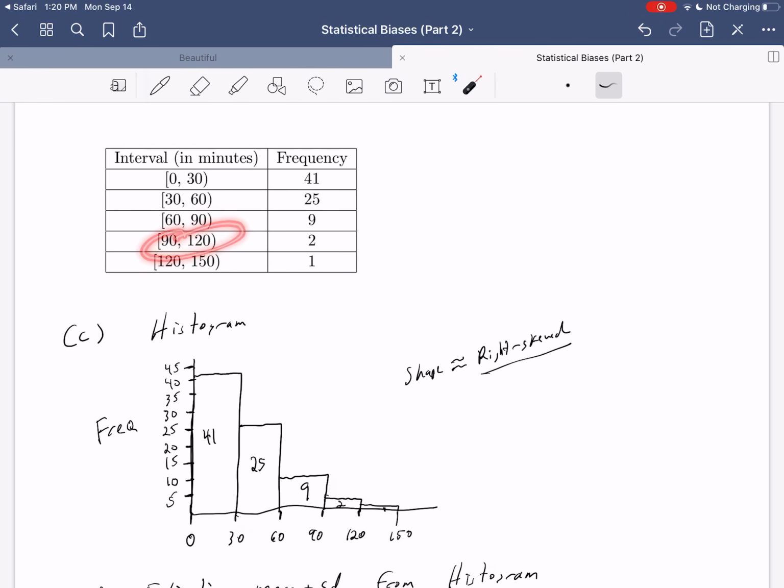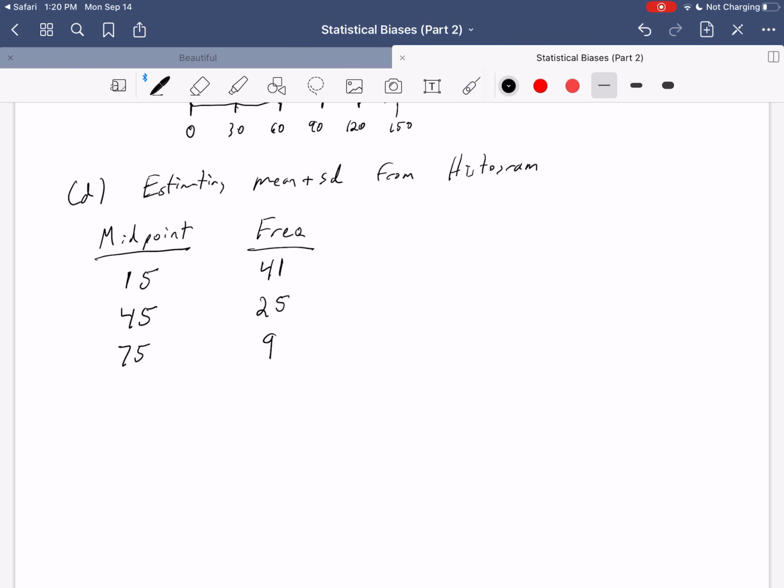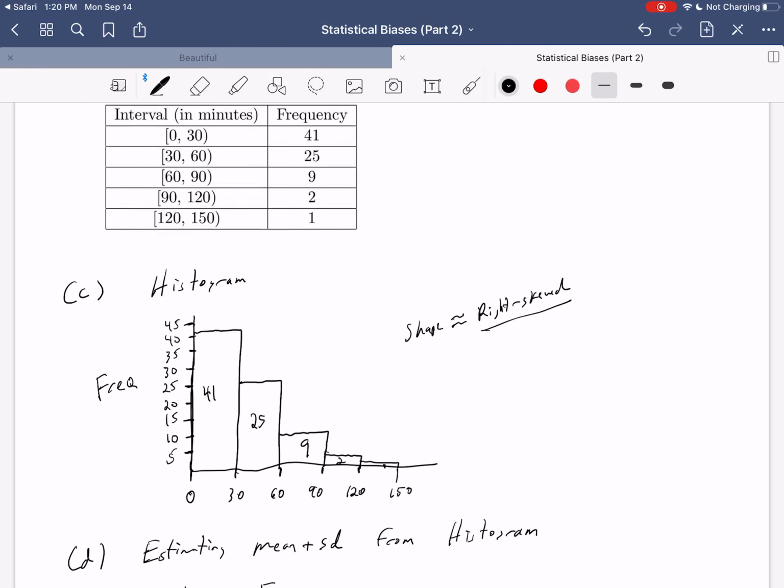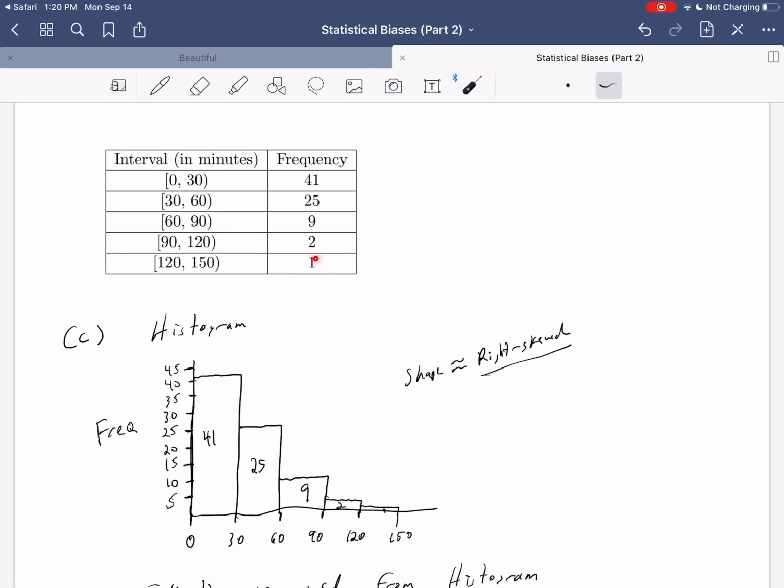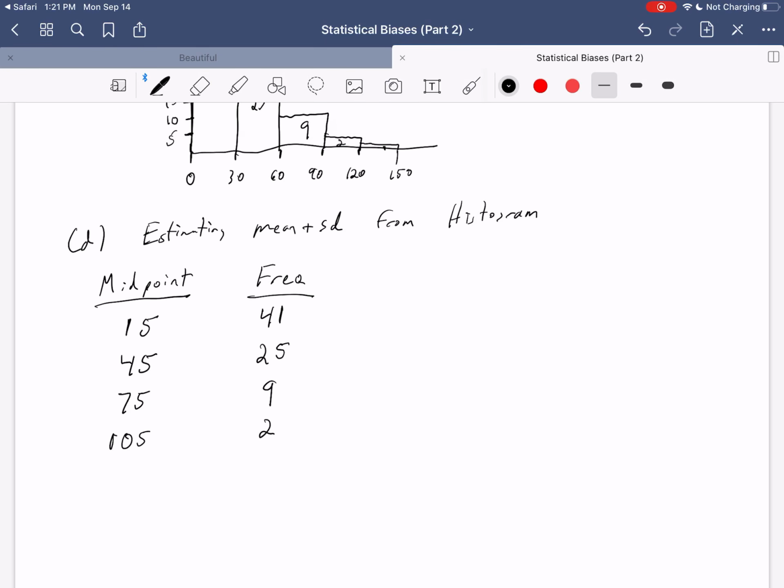Then 90 to 120, 90 plus 120 divided by 2, you're going to get 105. And the frequency there was 2. And then finally, for this single person, we have no idea what value they said between 120 and 150. We'll just take the average, 120 plus 150, divide that by 2, and you should get 135. And there was one person.